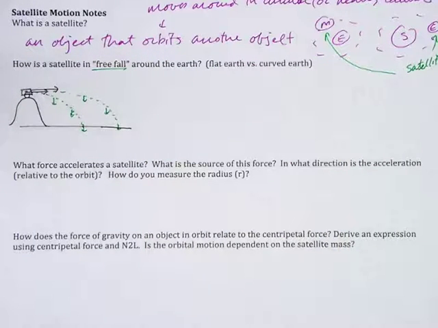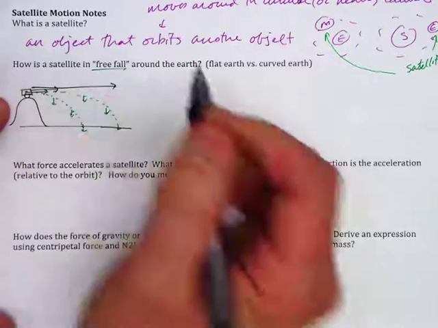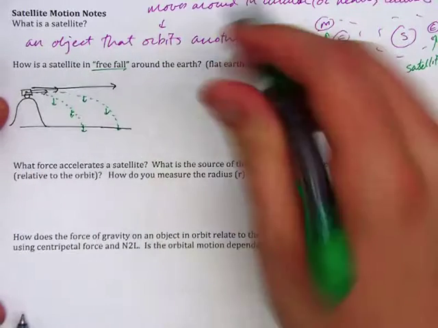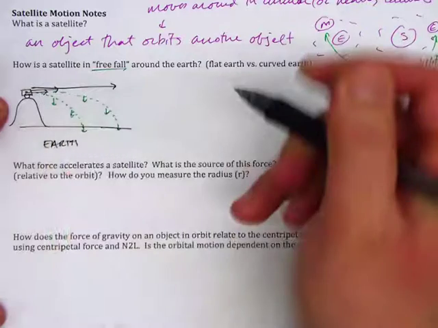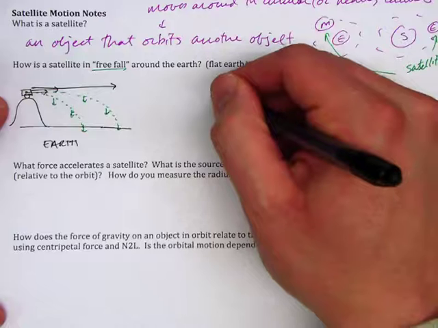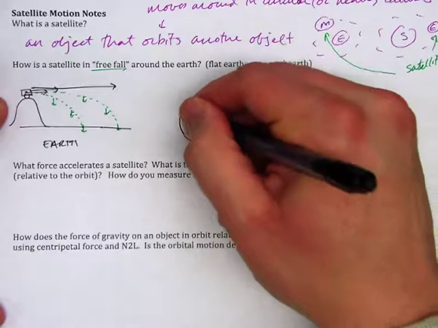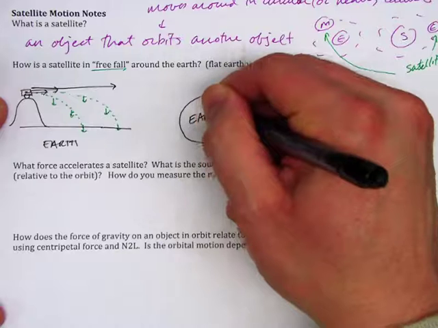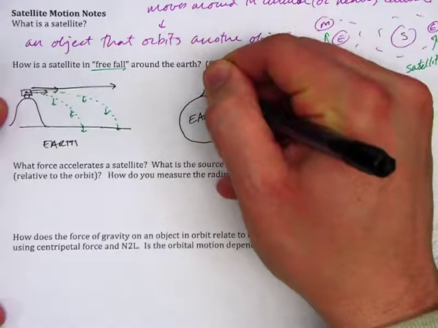Well, now imagine if I fired this at a really high initial velocity, so high that we have to take a new view of the Earth. Let's zoom the surface of the Earth out, so we have a picture of our curved Earth. And here's our little mountaintop, and here's our cannon.